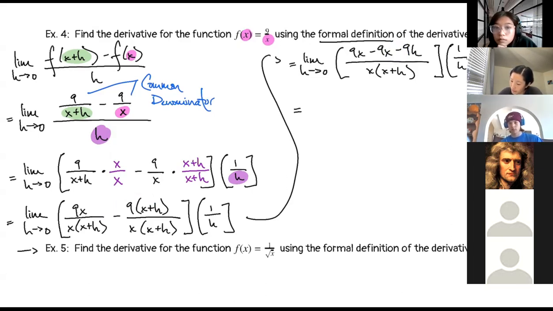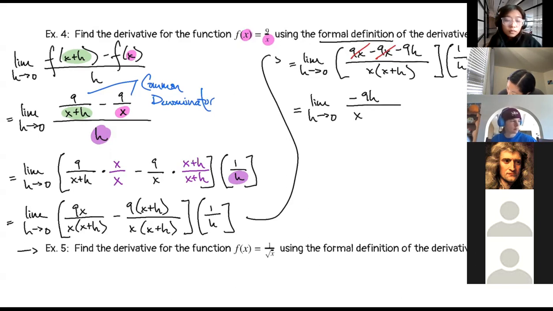perfect. All right, well, we are at the point in the problem where things should start to go away. Specifically, 9x and 9x make 0. And then we're left with the limit as h approaches 0 of negative 9h over x times x plus h, times 1 over h.